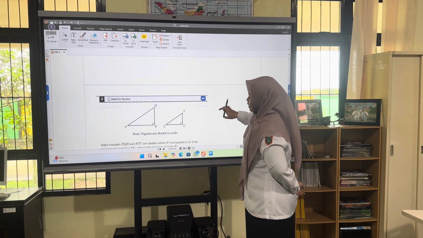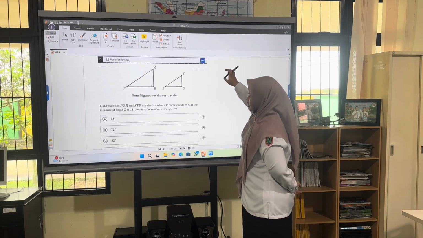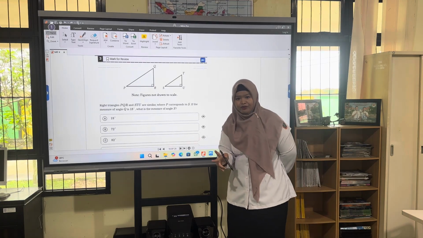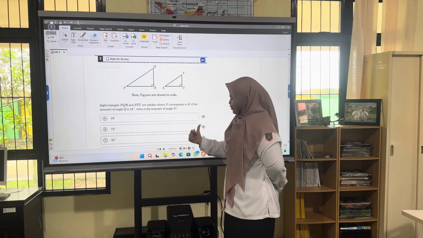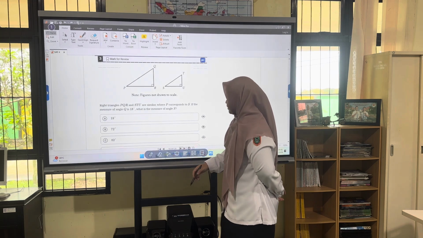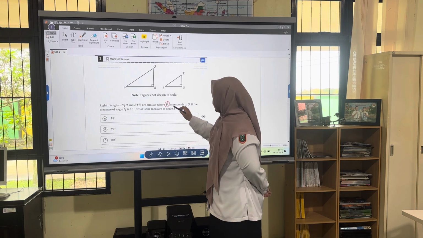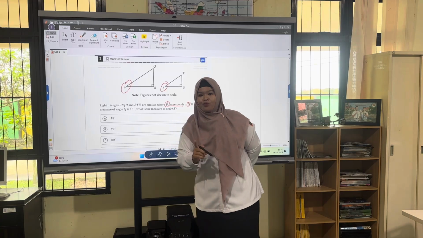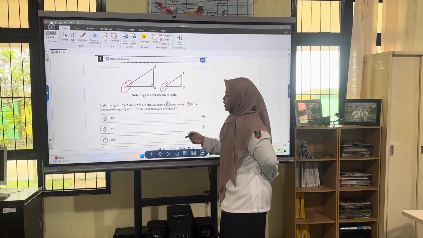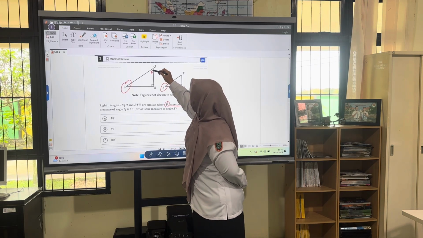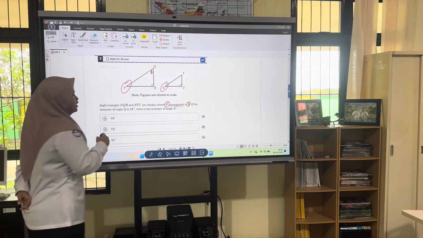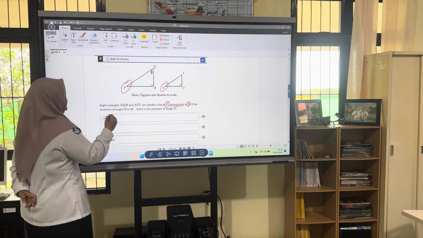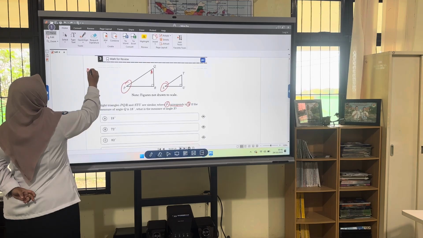For the next number, as you can see, there are two similar right triangles, left side and right side. They say P corresponds to S, which means the angle of this one is the same as the angle of this one. The angle is 18 degrees, and as we know, the total of the angles in a triangle is 180.